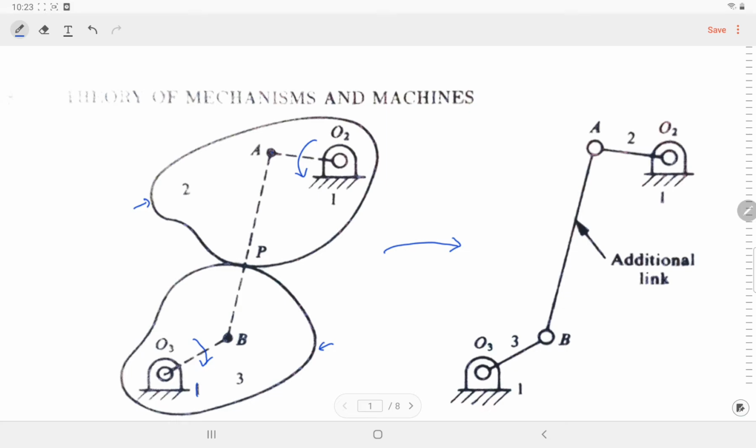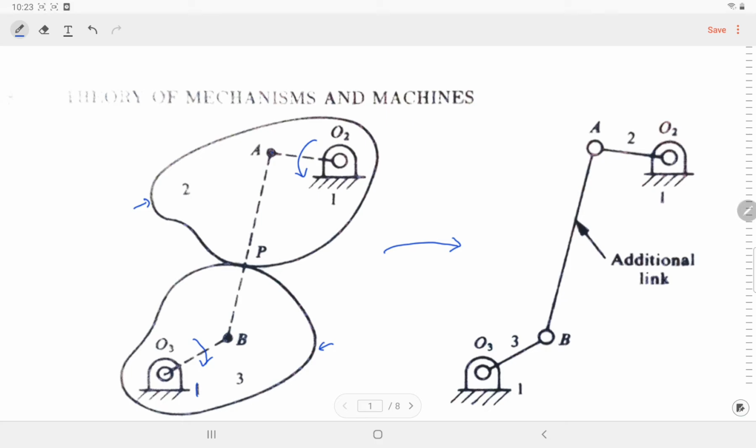And how to do that? While converting it, I need to know what the link lengths should be and what kind of kinematic pair I have to consider, and all those things, right? So the idea is, let's see.